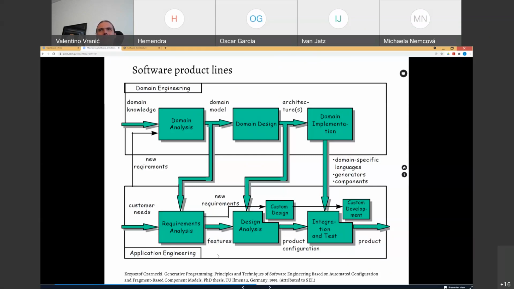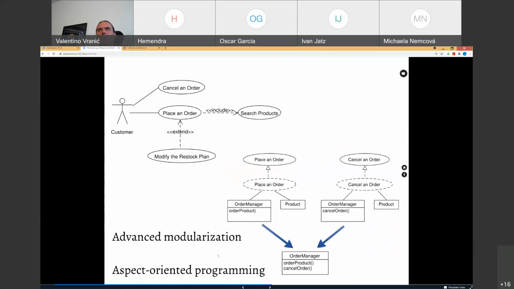Okay, so talking about use cases, there is an opportunity to apply advanced modularization approaches. You might say that I'm just using this notion to avoid directly mentioning aspect-oriented programming. I'm not. Here it is. This notion of aspect orientation sometimes is reduced to something too narrow.